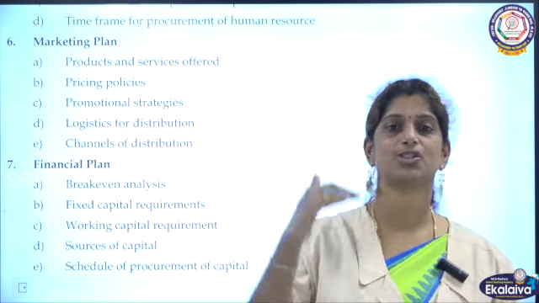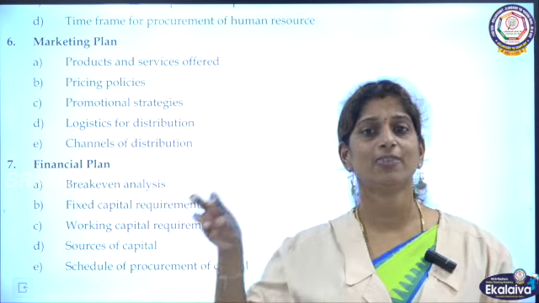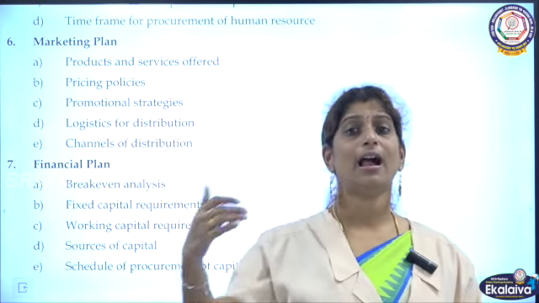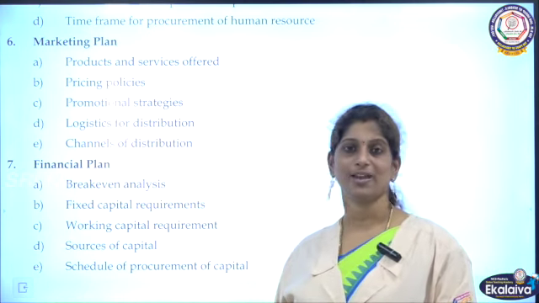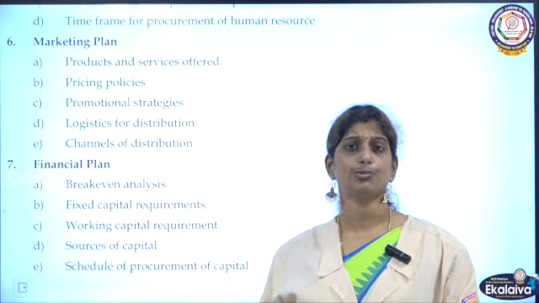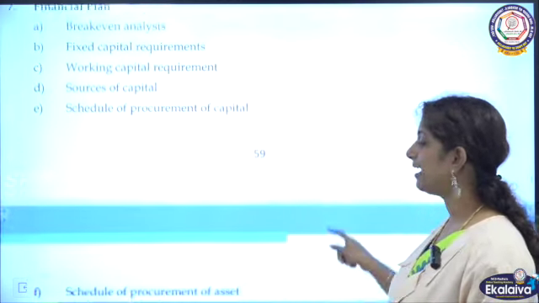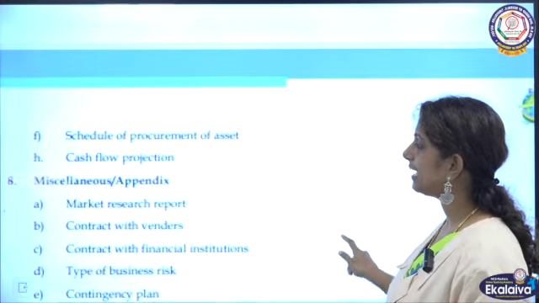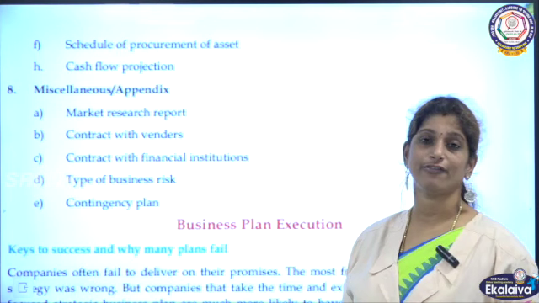So how the application money will be received, and then when will be the allotment made, and then when the allotment money will be received, and after that how the first call money will be received. Like this, there are various stages. So how long we are going to take to procure this capital, that has to be finalized. And then the schedule of procurement of asset.